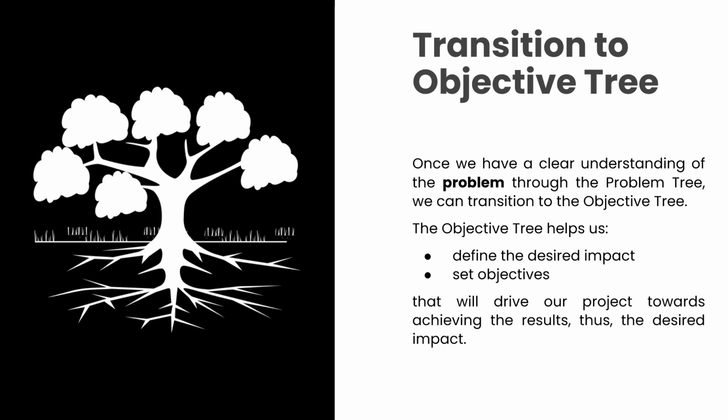What groups we want to reach, what issues we want to address, and many other objectives we might have in mind. And of course, it helps us to set the core objectives and see the whole picture and the whole idea of our project. And that, of course, drives our project towards achieving the results, thus the desired impact.